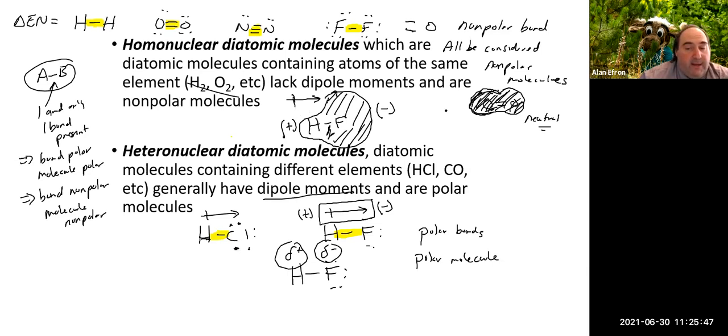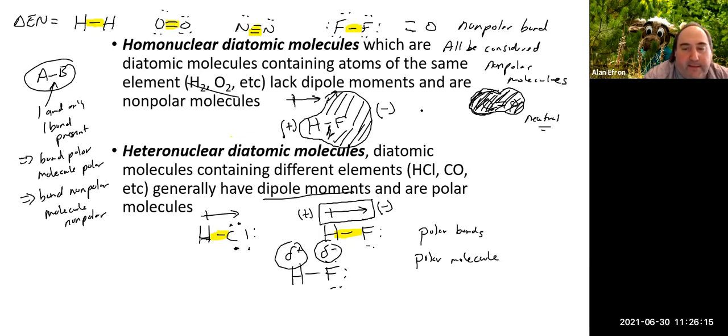So unlike a nonpolar molecule, when we say that this molecule as a whole is polar, what we're essentially saying is there is a side to that molecule, because of the overall unequal sharing of electrons, that ends up being more positive, and the other side ends up being more negative. Any questions on that there?